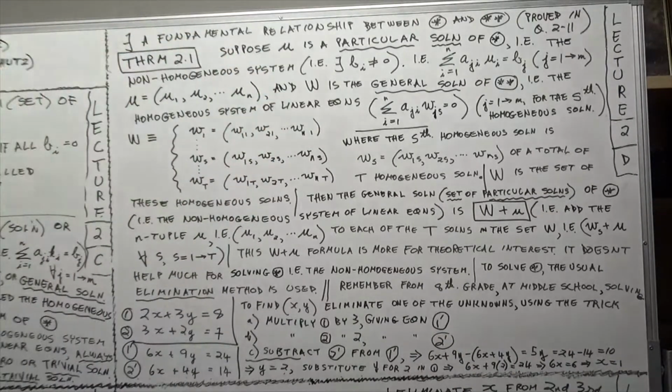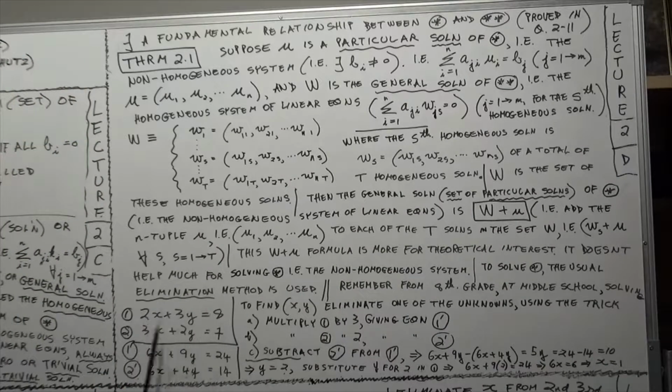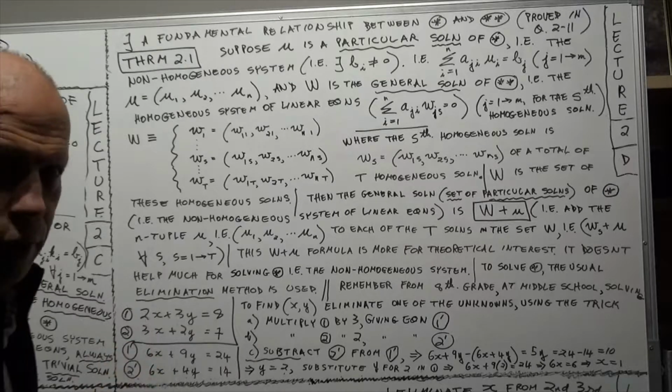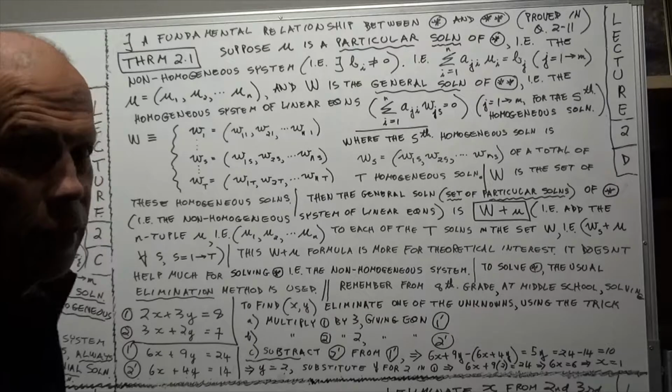So here's a concrete, fairly simple example of this process of elimination, getting rid of one of the variables, one of the unknowns.